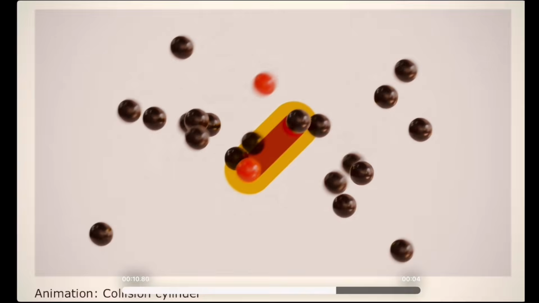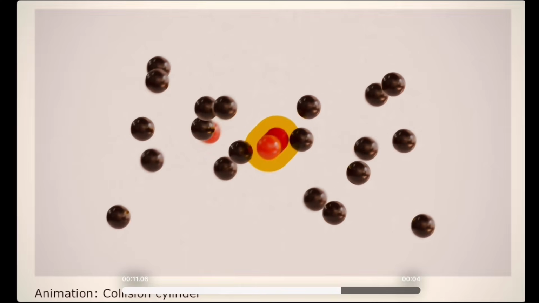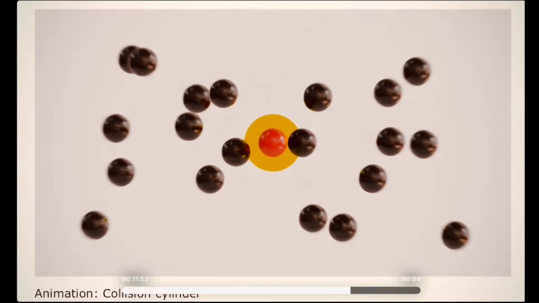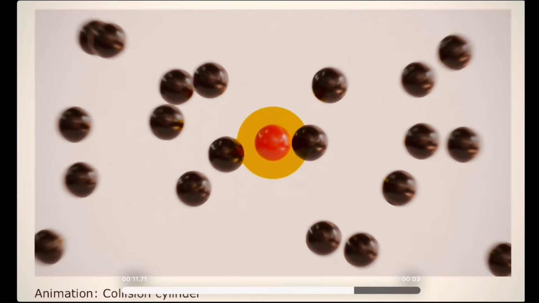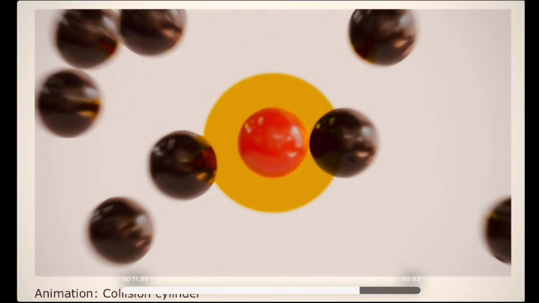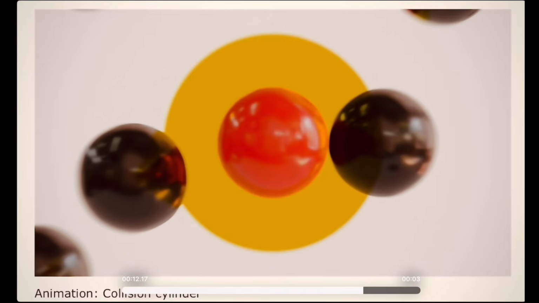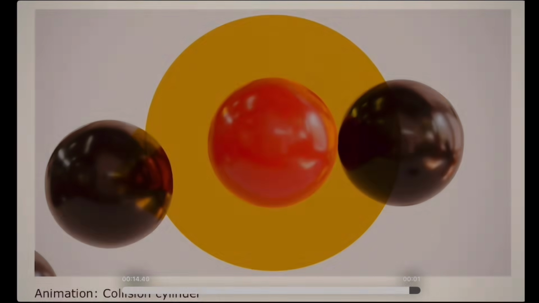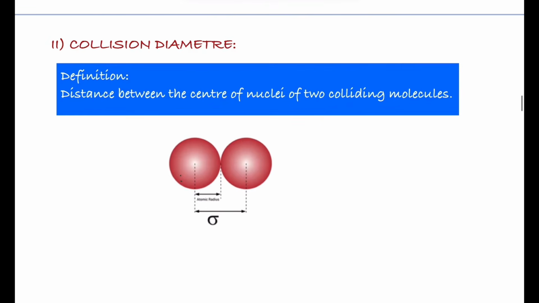And here, like this, collision cross section, imaginary sphere, cross sectional area of that imaginary sphere. And like this the collision cylinder is created from the collision cross section.